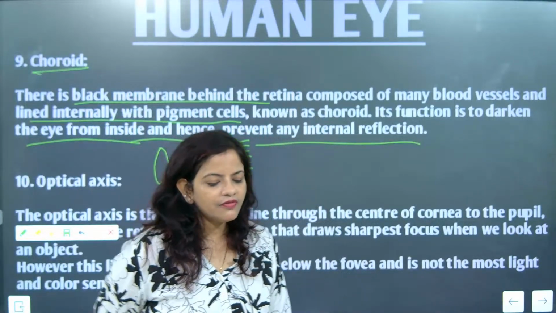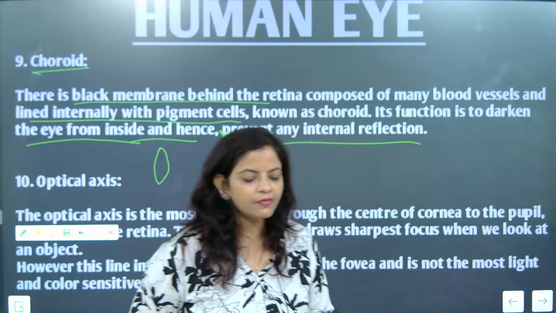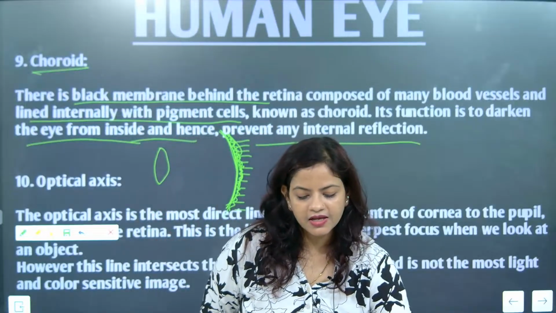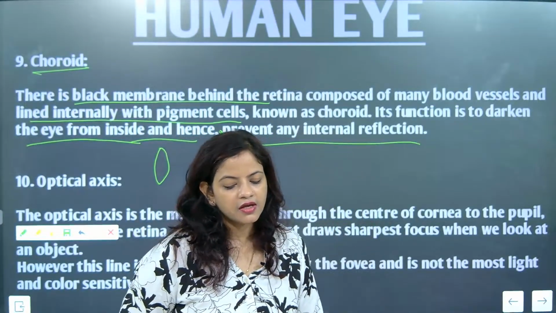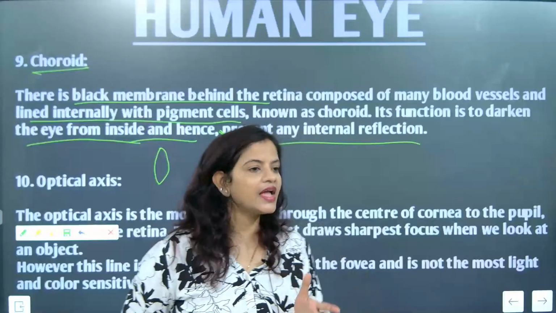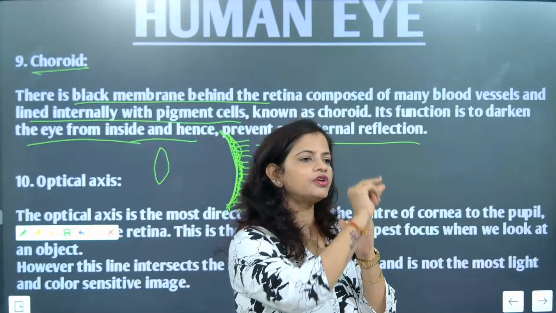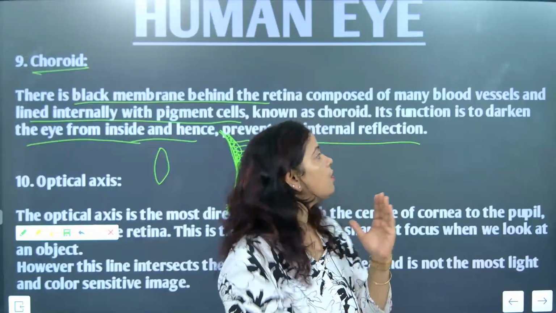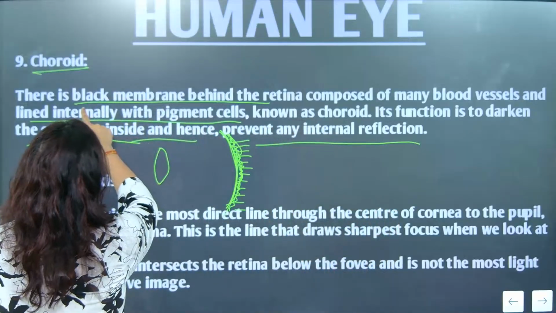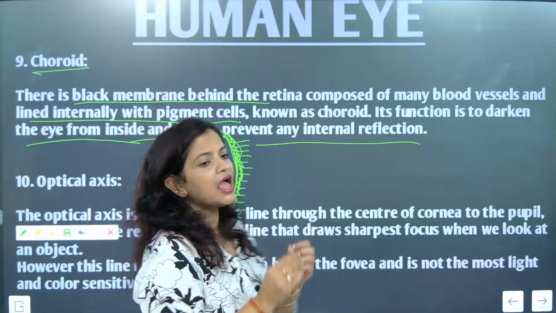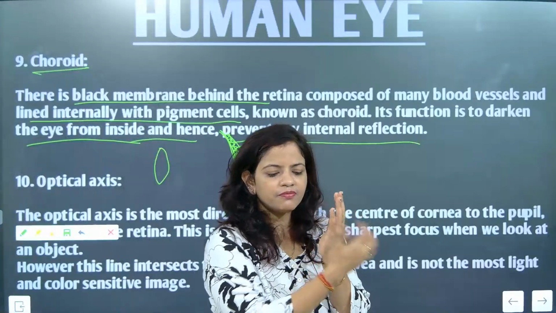Okay, I am going to tell it from the beginning, but please remember. Our retina is back supported with a black membrane, and this is enriched with many blood vessels.